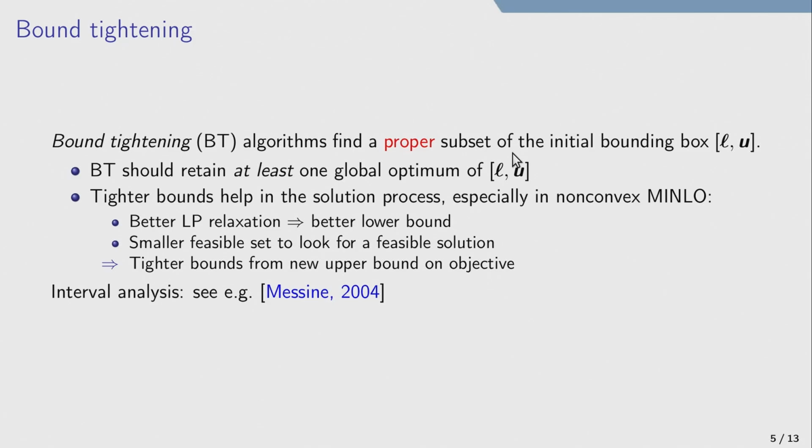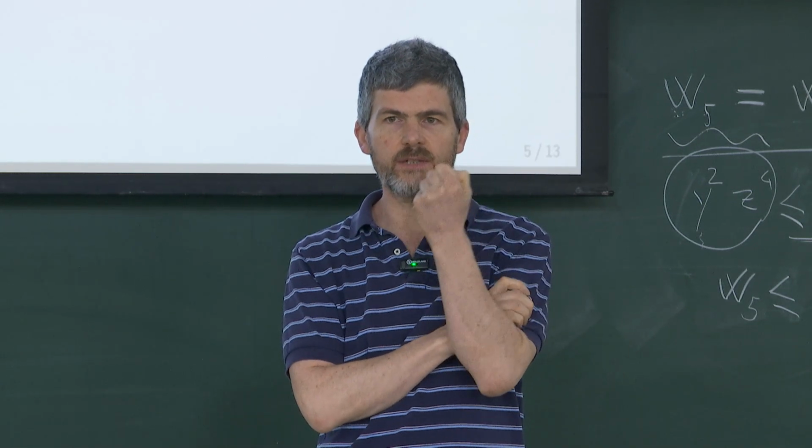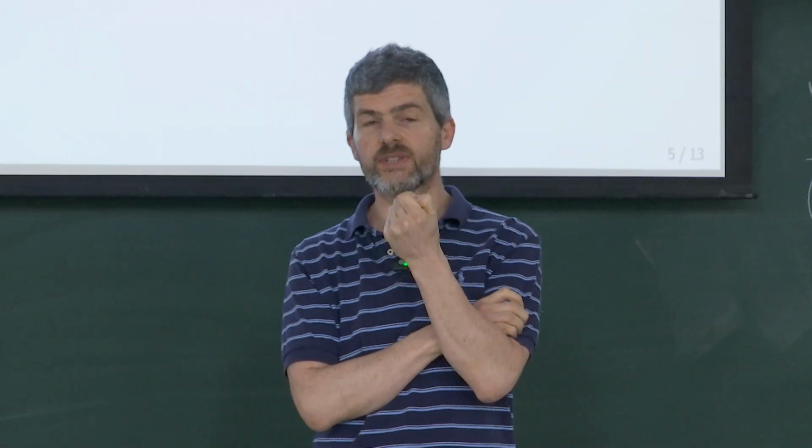The crucial thing about bound reduction or bound tightening or domain reduction is that applied to an optimization problem like this, if you give it a valid set of bounds on the variables, it will give you possibly tighter set of bounds on the variables. They're all valid.